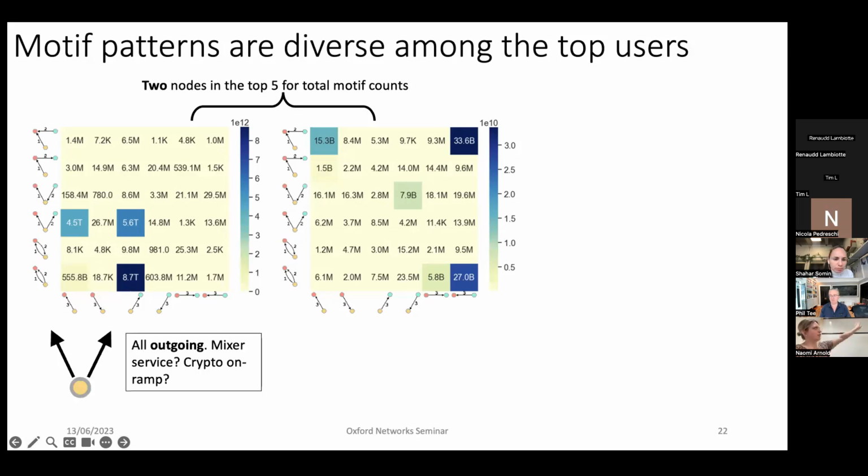And we see that this node here with the counts in the trillions is probably responsible for most of these all outgoing motifs. And we thought when I was making this presentation that it might be a mixer service or perhaps a crypto on-ramp, but then later we were trying to find out who it was, and I think some of the wallets in this cluster were actually associated with some 10x your Bitcoin scams. So we're just not sure exactly who it was, but it seems perhaps there could be more to investigate there.